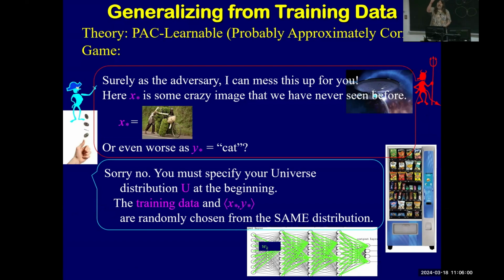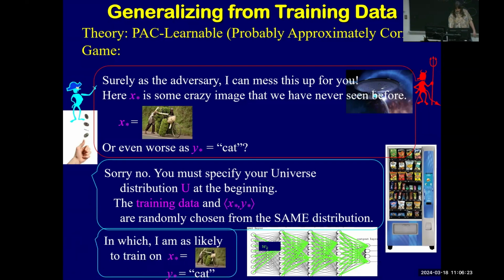If we let it give us any training data and then gave us any new data, there's no way we would be able to know what this new data was, because it would give us this picture and tell us it was a cat, right? But it has to give us the distribution at the beginning, right?